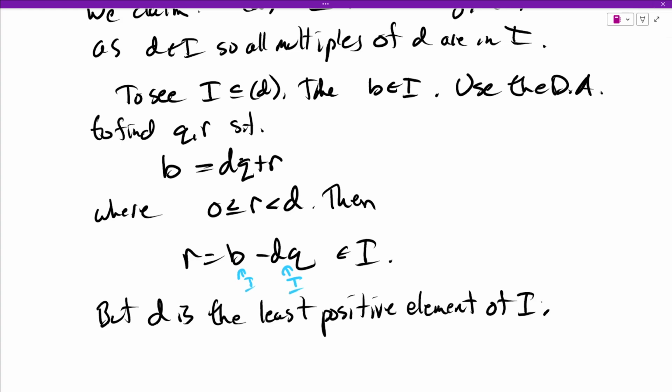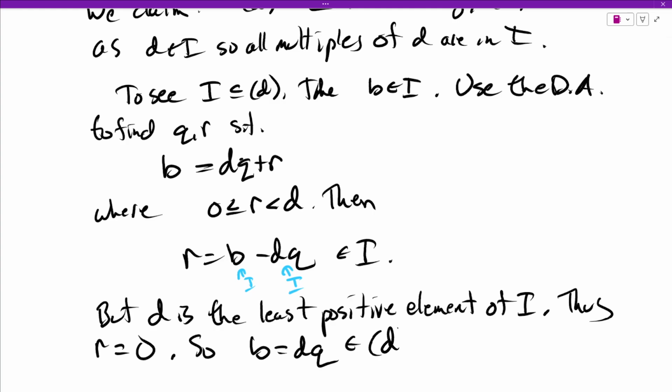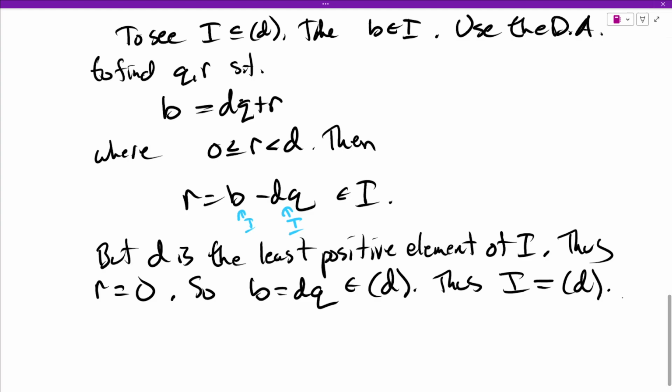So r, being in I, cannot be positive. So r must be 0. 0 is neither positive nor negative. So B is a multiple of D. It's in the principal ideal generated by D. Thus, that's the reverse containment. So I is generated by D. Fantastic. That's it. We did it. It's the end of the proof.